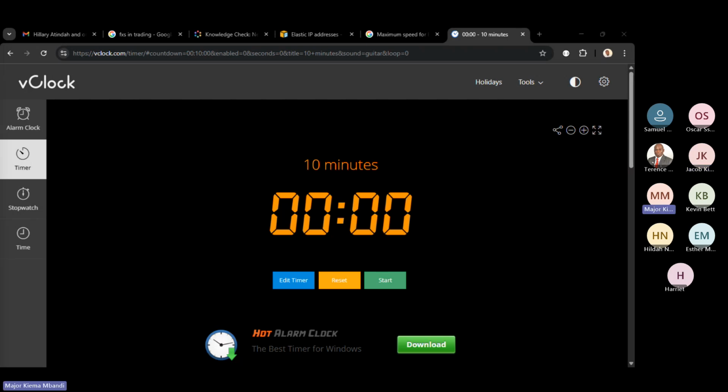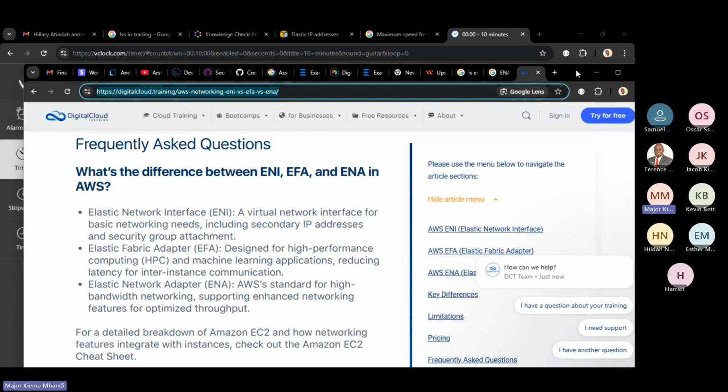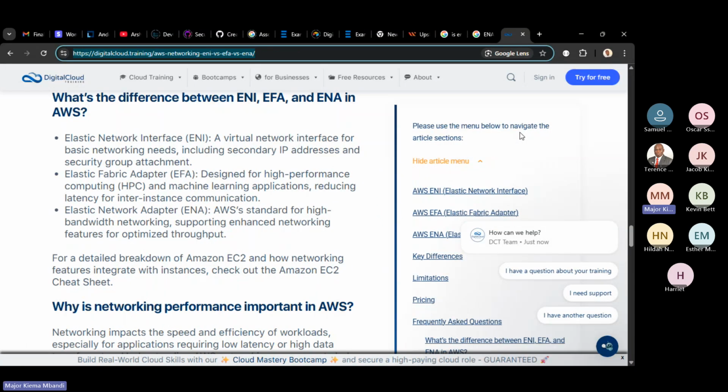Okay, and before we start, there is something I was looking at during the break regarding the Elastic Network interfaces. Let me share so that we can clear this out. On the Cloud Academy, they say that ENA, Elastic Network Adapter, is only supported for Linux based on certain versions.